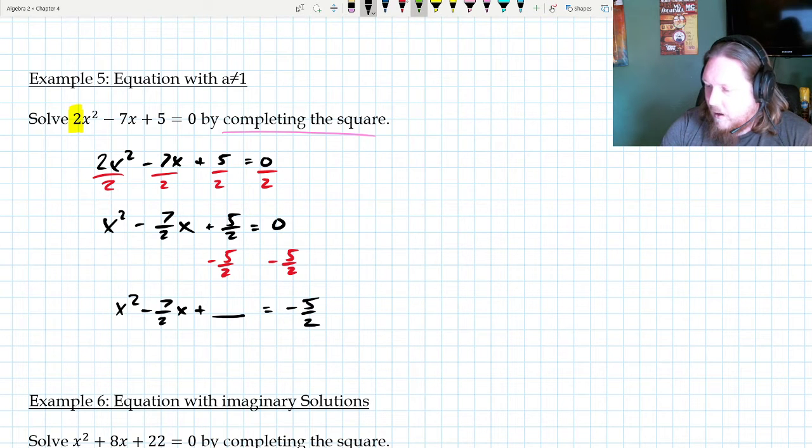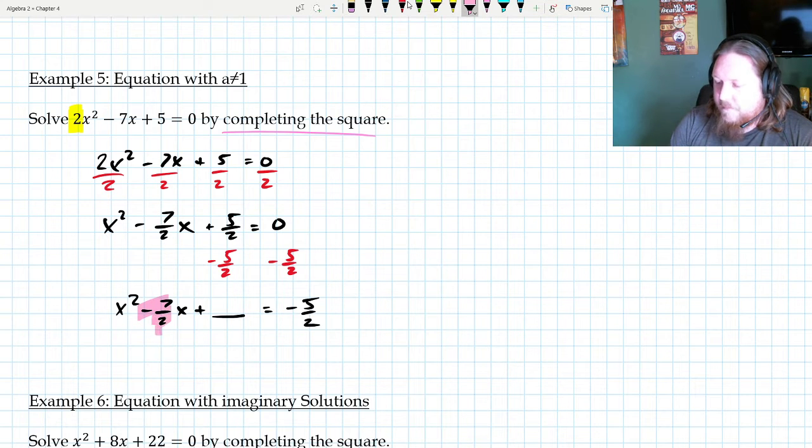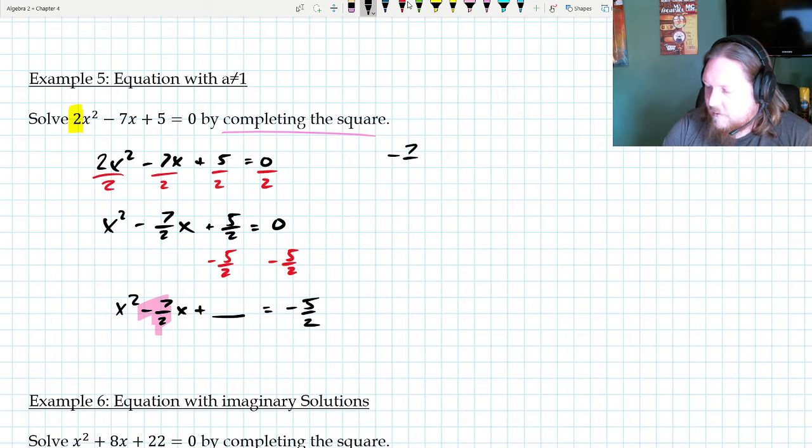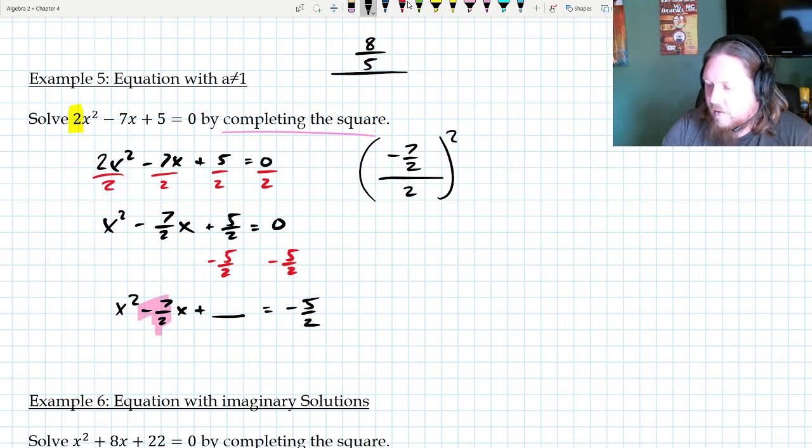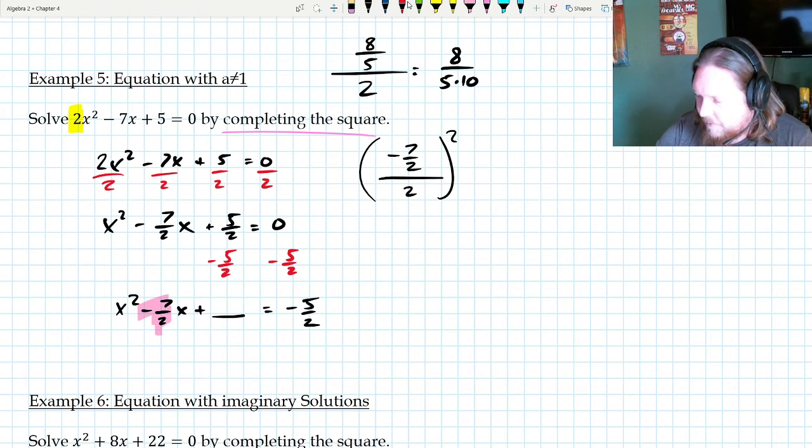Now, just like I did before, I'm going to look at the b term, negative 7 halves, divide it in half, and then square it. Now, an important little note here, whenever you have a number like, let's say, 8 over 5, and you divide it in half, it's the same as multiplying the denominators, 5 times 2.